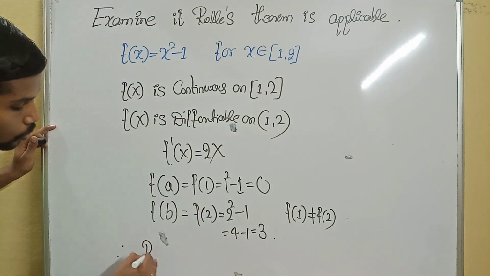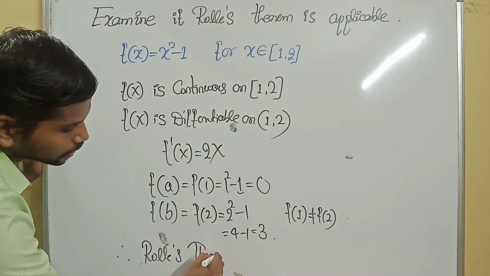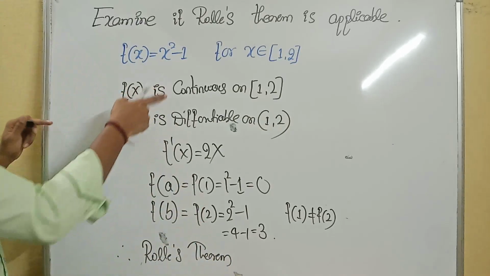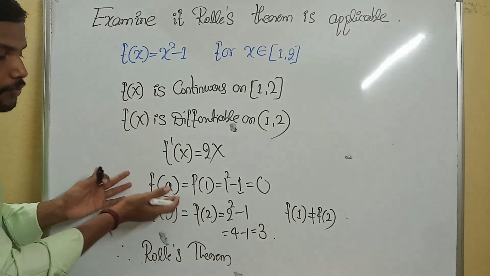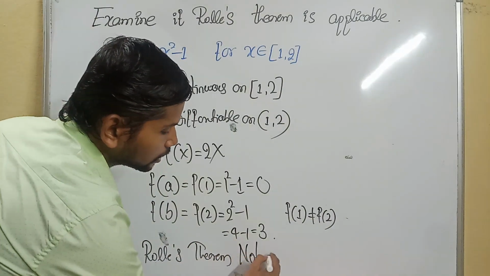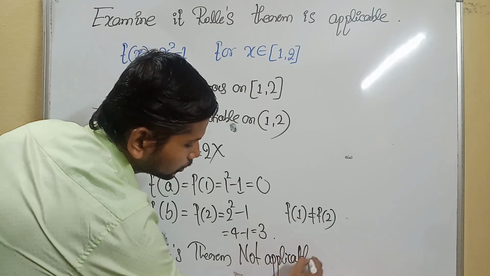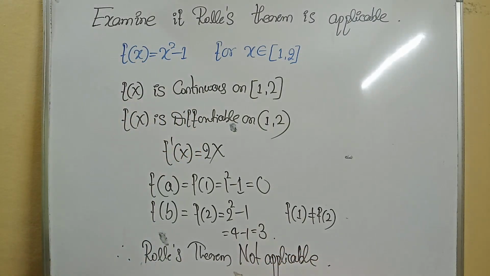Therefore, Rolle's theorem, you need to say, see, continuous, differentiable, but f of a is not equal to f of b. That's why Rolle's theorem is not applicable. Got the point clearly? Okay.